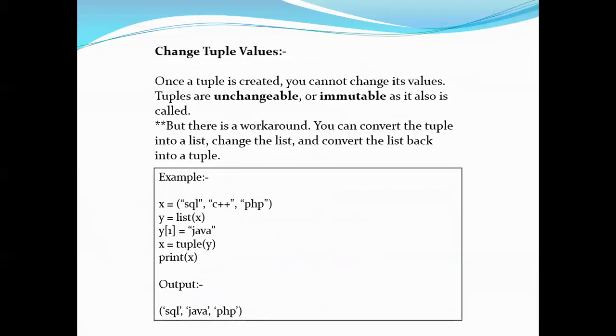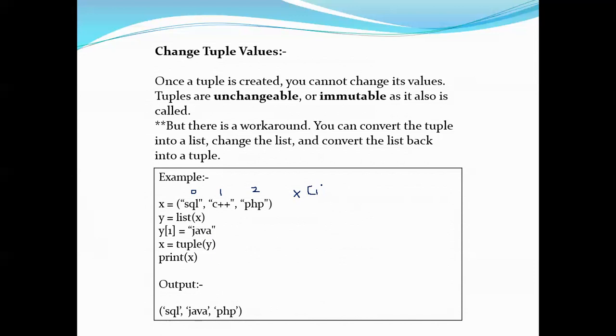Now changing tuple values, right? You should not change a tuple value once it is initialized. For example, here x of 0 corresponds to SQL, x of 1 is C++, and x of 2 is PHP. I cannot say x of 1 is equal to a different item.